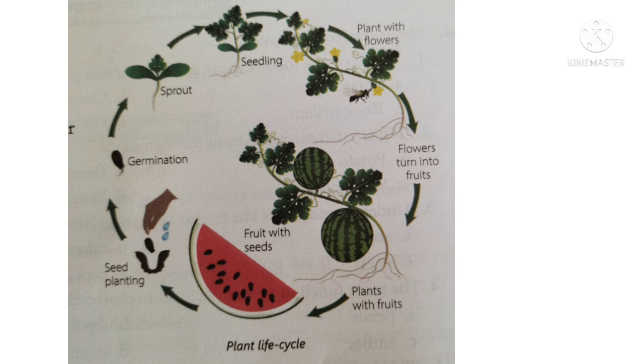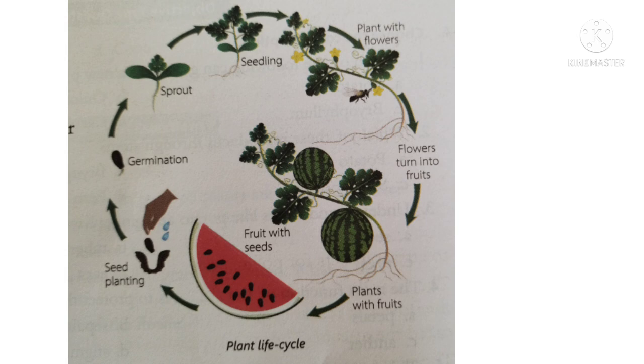And next one is sprout, then seedling, then plant with flowers. They start to bear flowers, and flowers turn into fruits and plants with fruits.